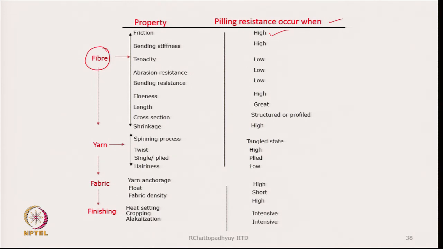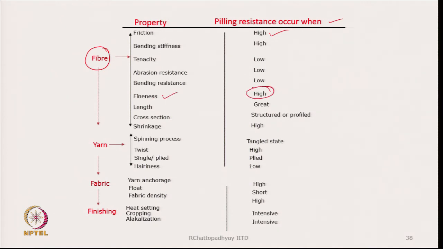That is why relevant fiber properties are listed, then yarn properties, fabric property, finishing techniques, and this side we are writing peeling resistance occurs when high or low. So, peeling resistance will be more if the fineness of the fiber is high.